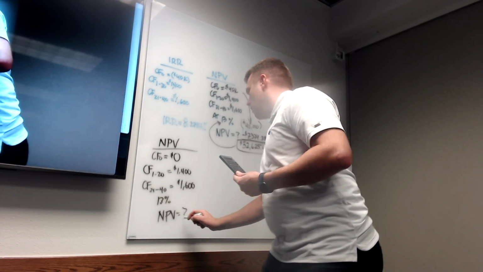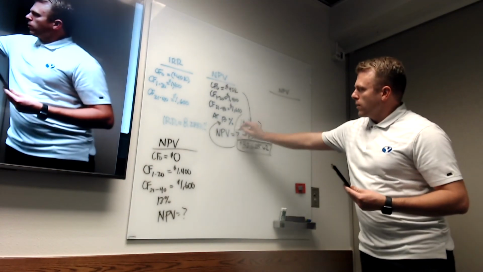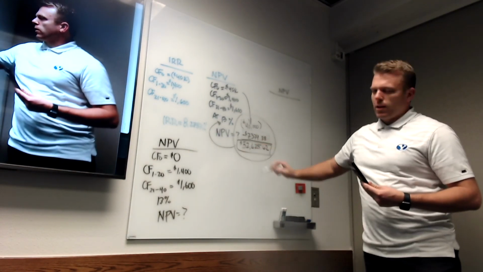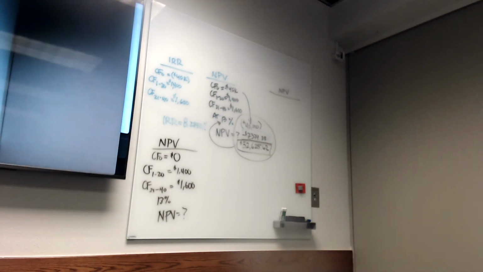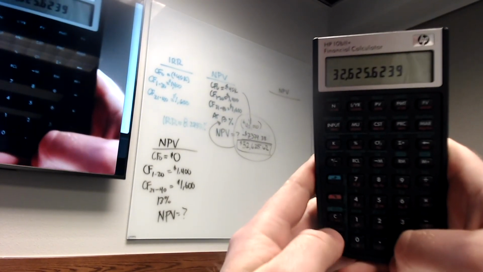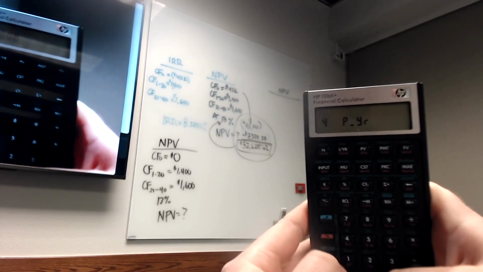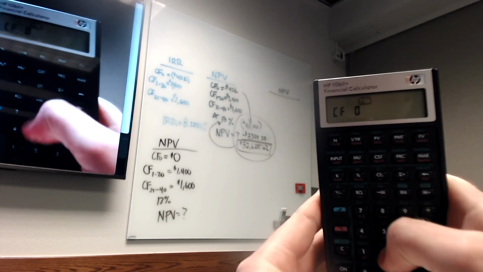See what you get. See if it matches what we've done right here, particularly this 32,000. So go ahead and do that, and I'll do it as well. First thing, clear out your calculator. Keep it in the 4 periods per year, because that hasn't changed. Right there, I'm going to clear all. Cash flow 0 is going to be 0.